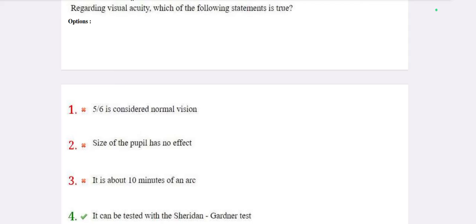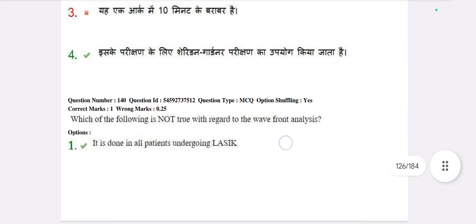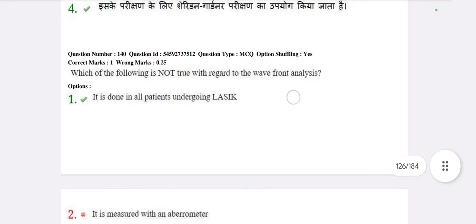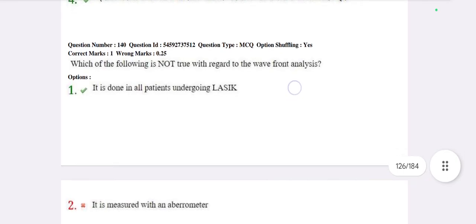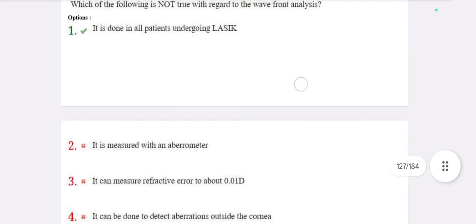Fourth, it can be tested with the Schraden-Gardner test.